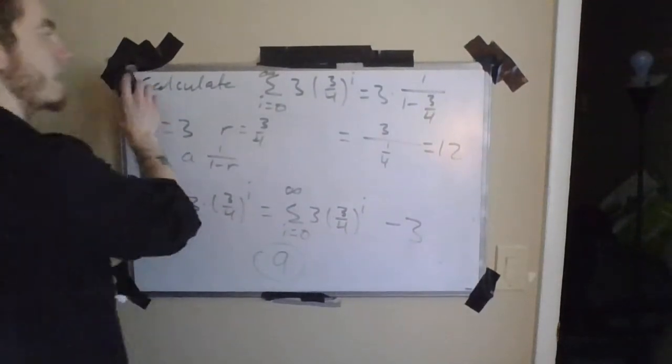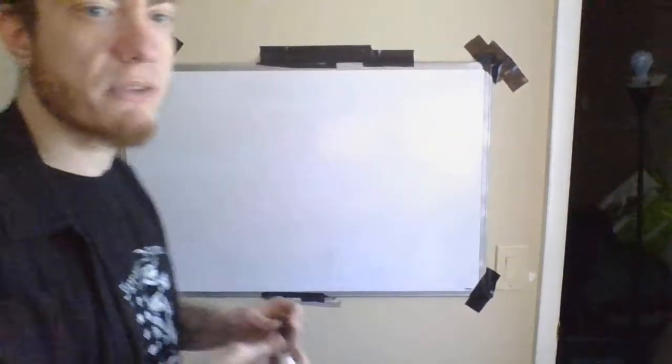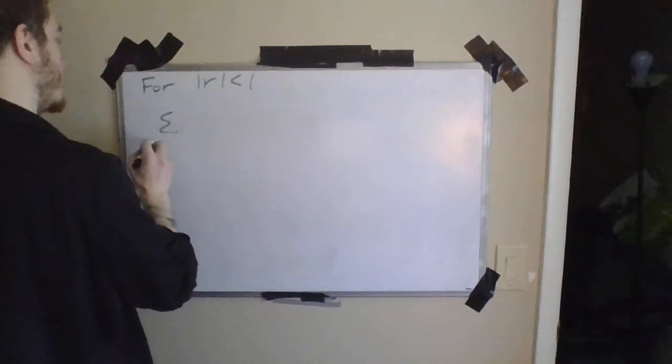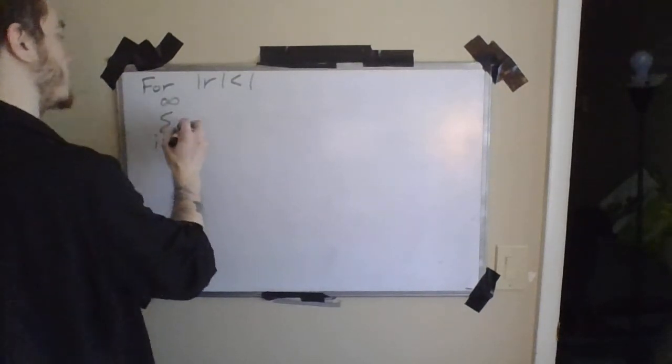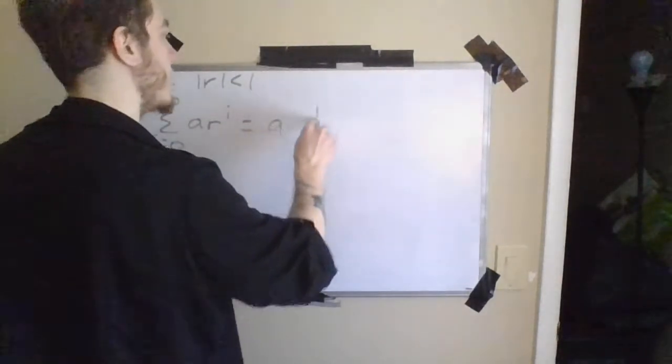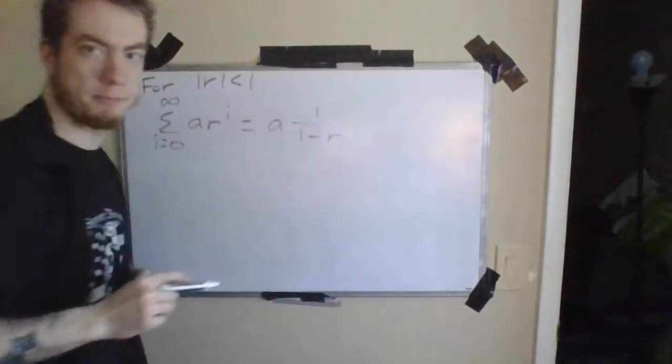One more thing I want to say here about this geometric series stuff is the following observation. What we've really said here is that for the absolute value of r less than 1, the sum from i equals 0 to infinity of a r to the i is equal to a times 1 over 1 minus r.